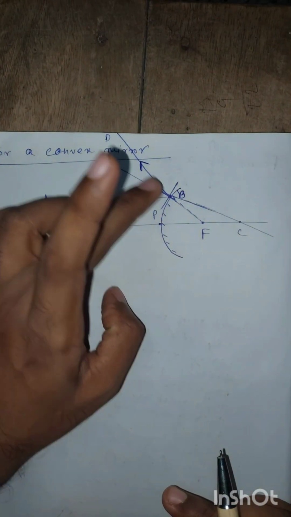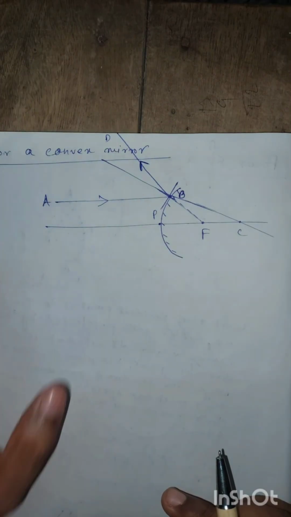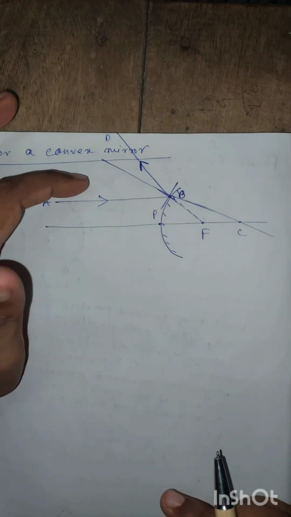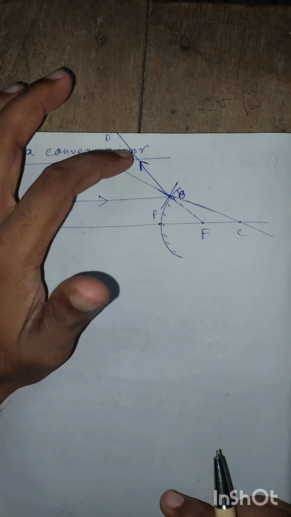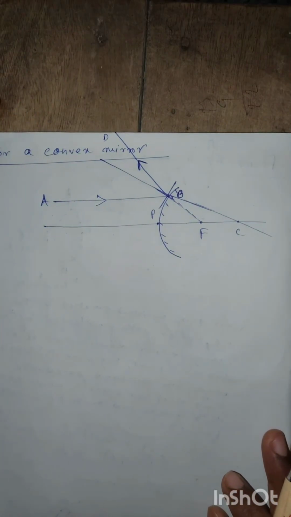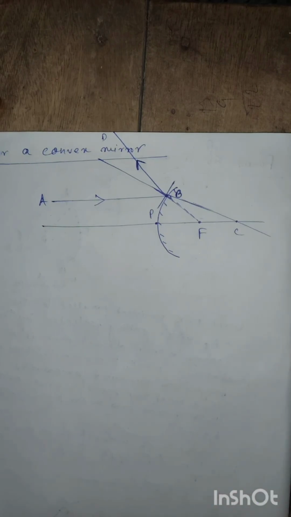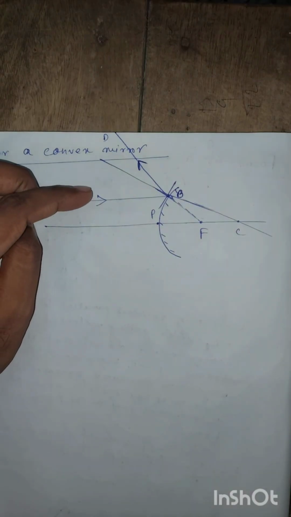The direction of the incident ray and the reflected ray can be seen by the arrows.